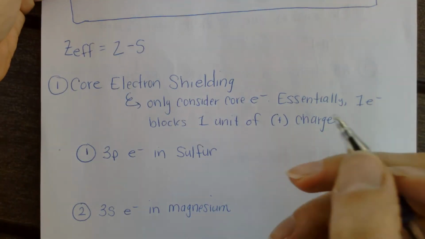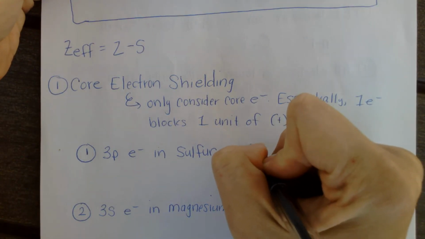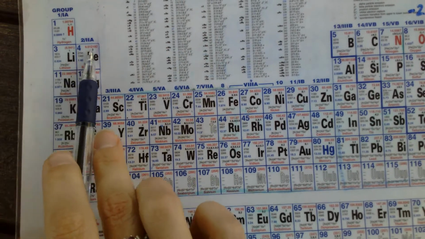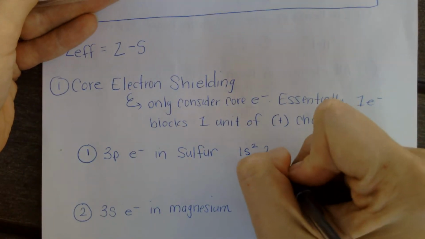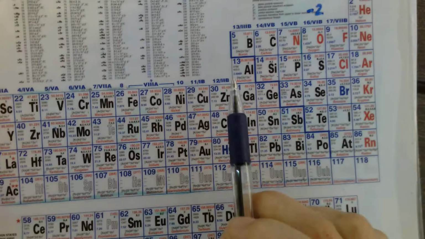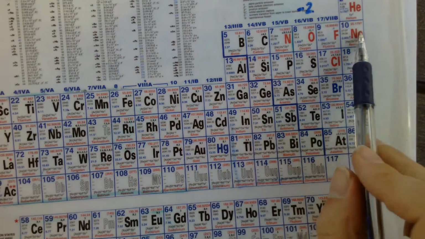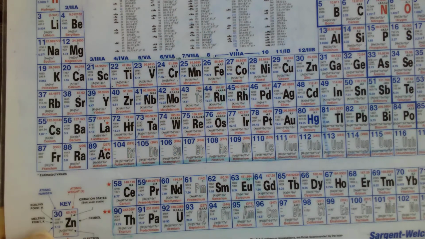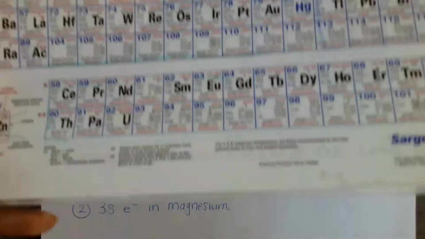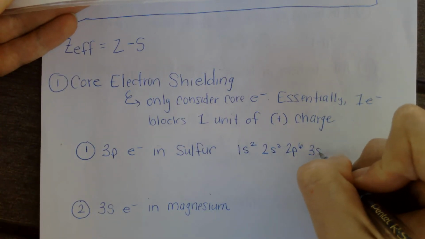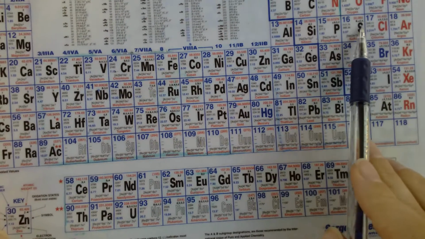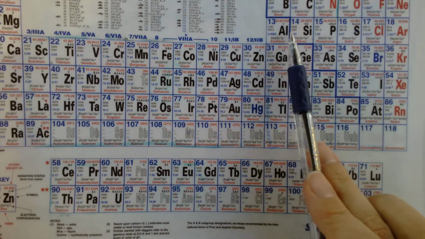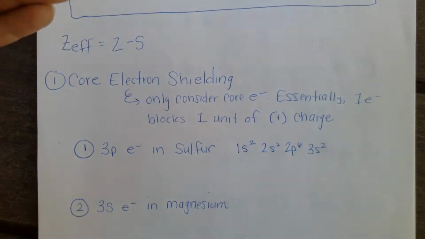The first row, we have 1s2, second, 2s2. Sulfur's not here yet, so we keep going. 2p6. We're in our third row now, so 3s2, and then sulfur is over here, so we have 1, 2, 3, 4.